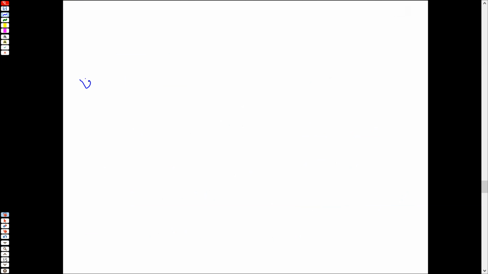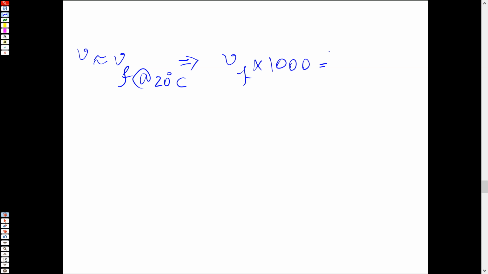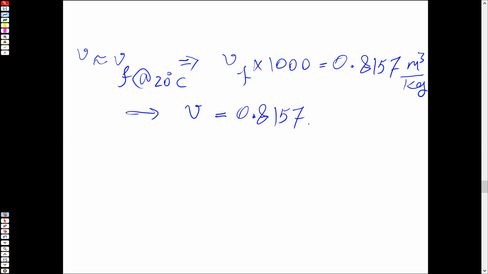Now that I know it is subcooled liquid, I can tell that V is about VF at 20 degrees Celsius. And from that table, I know that VF times 1,000 equals 0.8157 cubic meter per kilogram, from which I can find out that V is 0.8157 times 10 raised to power negative 3 cubic meter per kilogram.